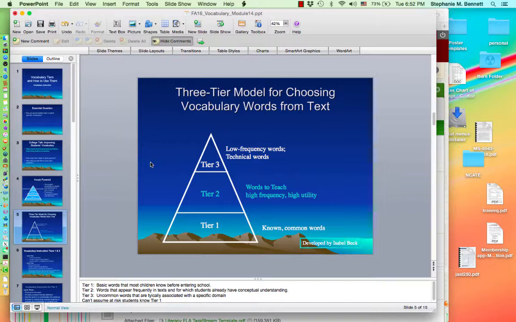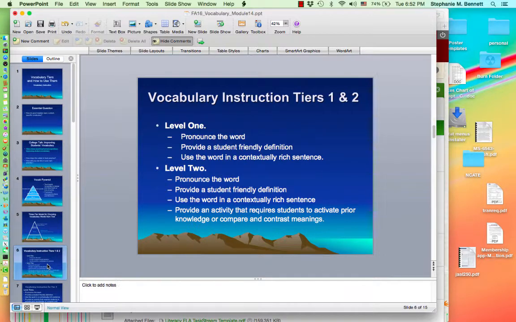Tier 2 words are words that appear frequently in text and for which students already have a conceptual understanding. These are the words that we want to teach in the classroom. They're high frequency or high utility words. And then Tier 3 are uncommon words that typically are associated with a specific domain. They're also called technical words or low frequency words.